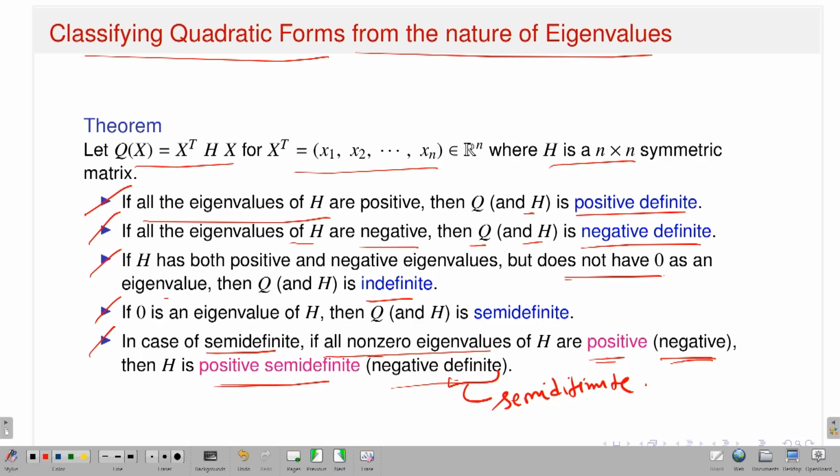In particular, if all other non-zero eigenvalues are positive, it is positive semi-definite, and if all other non-zero eigenvalues of H are negative, it is negative semi-definite. That is how the classification of the quadratic form associated with the symmetric matrix works in terms of eigenvalues.